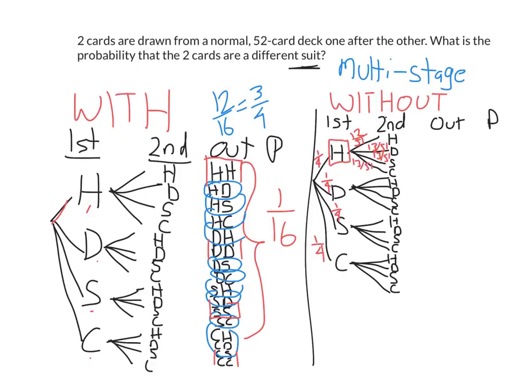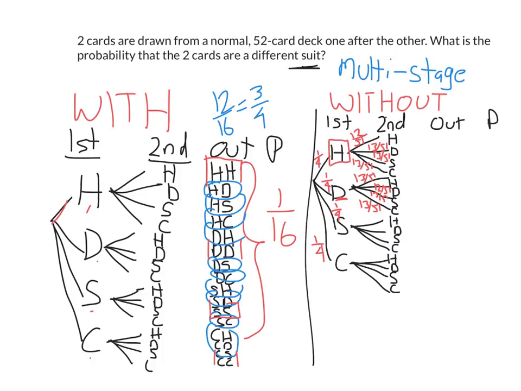Similarly for diamonds, if I get a diamond the first go, there's only going to be 12 diamonds left out of 51. So the probability of getting a diamond the second go is 12/51, but of getting the other suits is 13/51. Okay, so you're probably getting the idea.